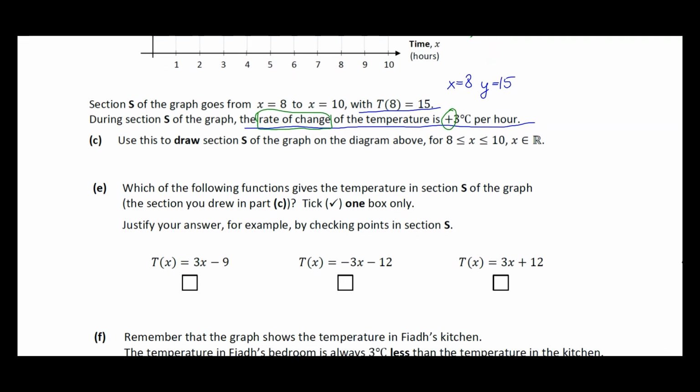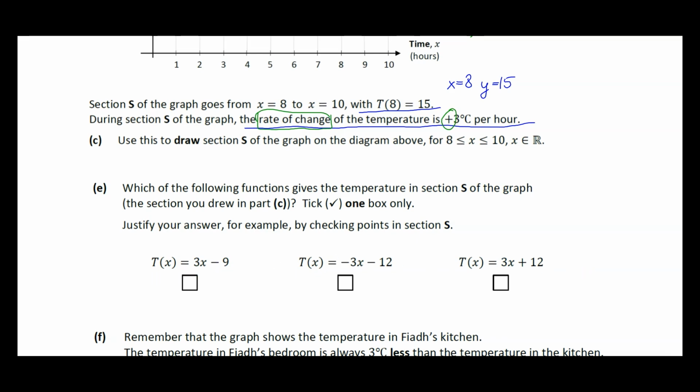Okay, and then part E. Which of the following functions gives the temperature in section S of the graph, the section you drew in part C? Tick one box only. Justify your answer, for example, by checking points in section S. Now, we have 3 choices to make.